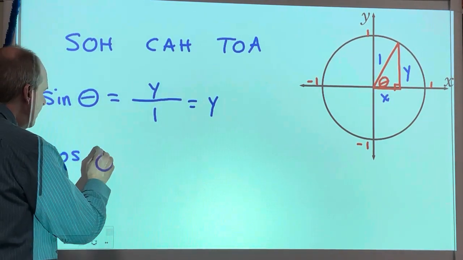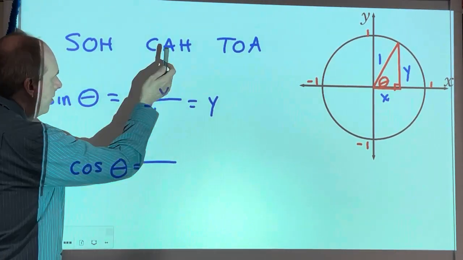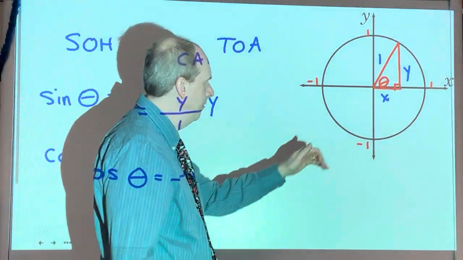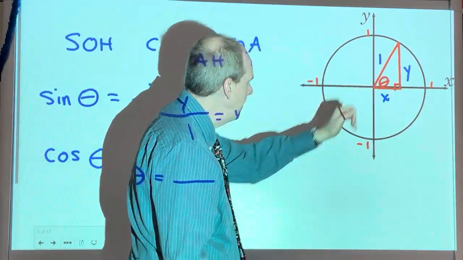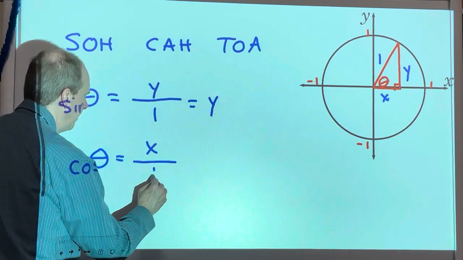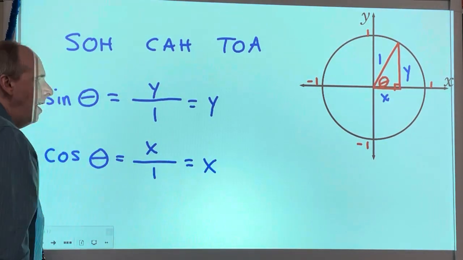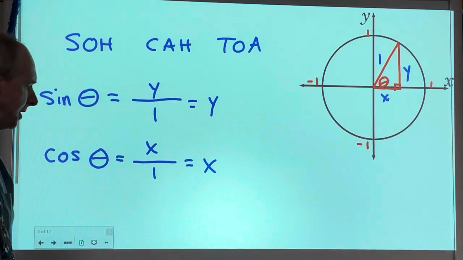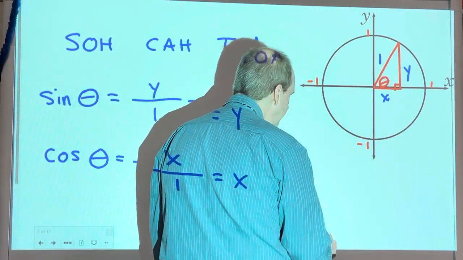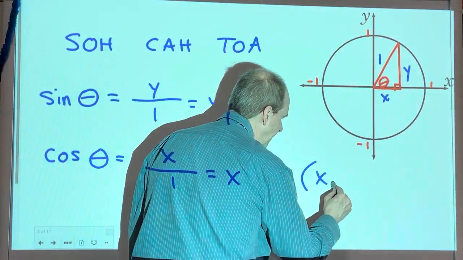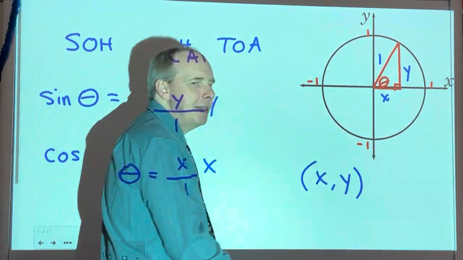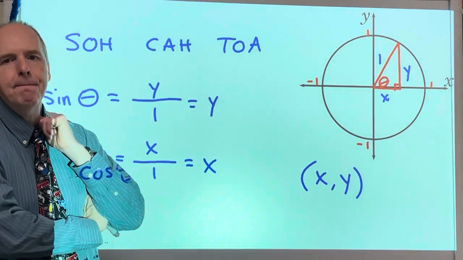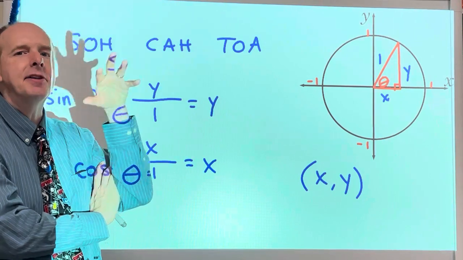Cosine of theta. Well, now we're talking about adjacent over hypotenuse. Adjacent is the x, hypotenuse is 1. So x over 1 is equal to x. A very easy way to remember this is to think of it this way. You have x and y. It's a point, right? Alphabetically, x comes before y.